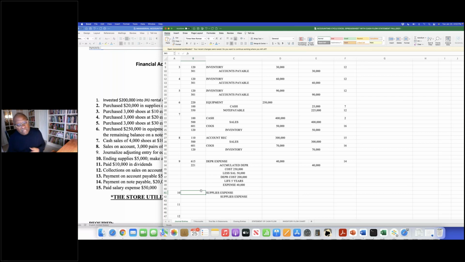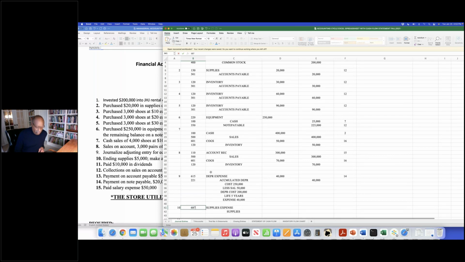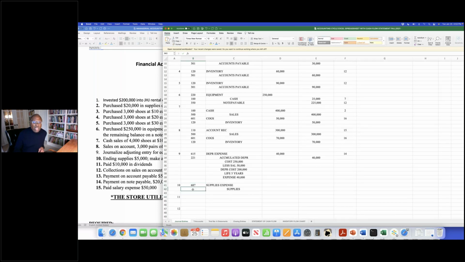What's the account number for supplies expense? 687. And this should be supplies here. And supplies we said is what? 130. And those amounts were what? 15,000.